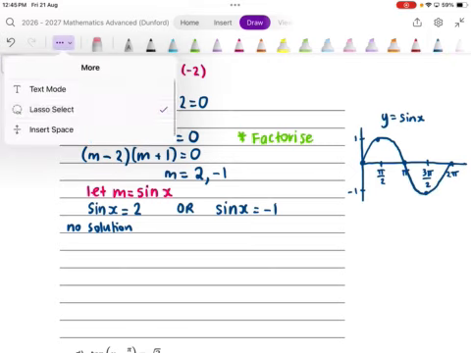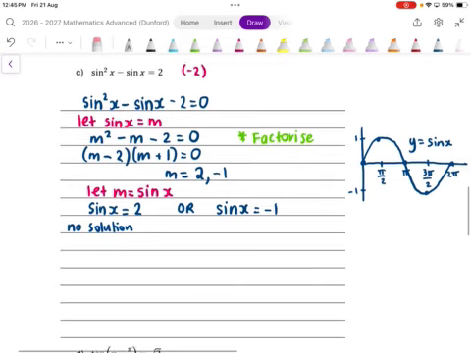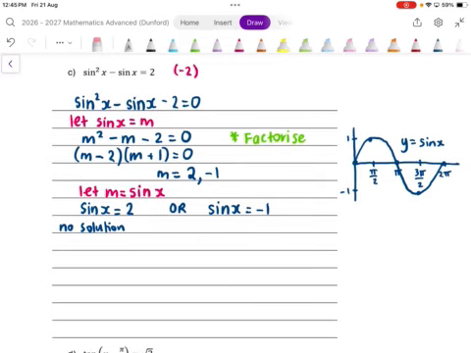All right, that's our sine curve, y equals sine x. That's why these curves were so important to know how to draw. Okay, so if we were to extend our y-axis up and we have 2, does our sine curve exist at 2? No. So that's why there's no solution.